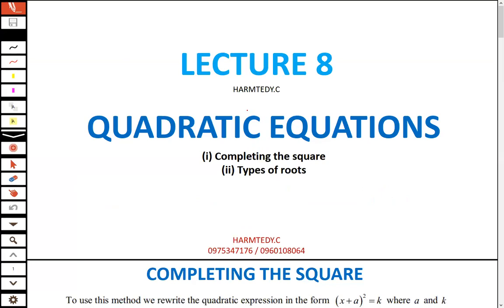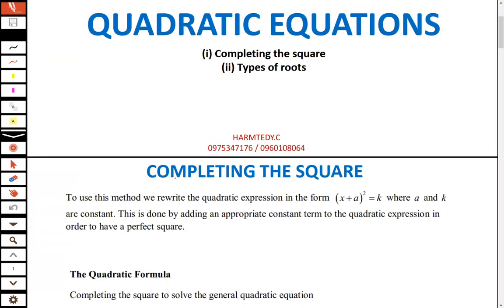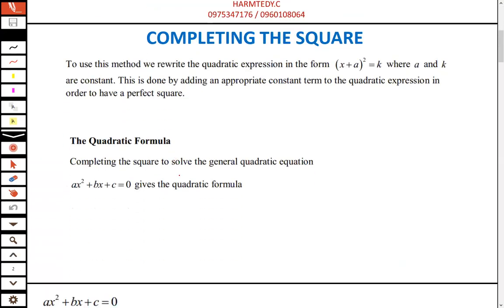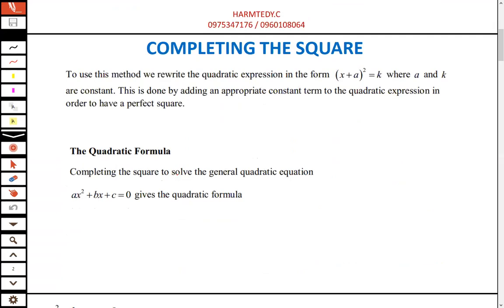The completing the square method is also one of the simplest methods that you can use to solve a quadratic equation. It is this same method that is even used to derive what is called the quadratic formula.